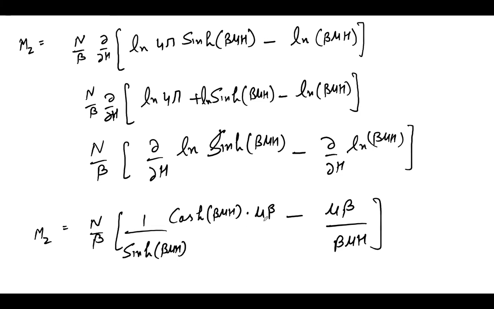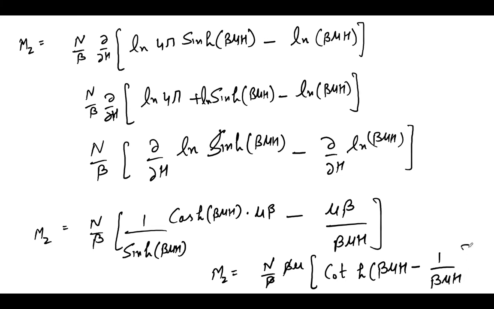So this mu B is common, so they get cancelled. Cos hyperbolic over sine hyperbolic is our cot hyperbolic beta mu h minus 1 over beta mu h.